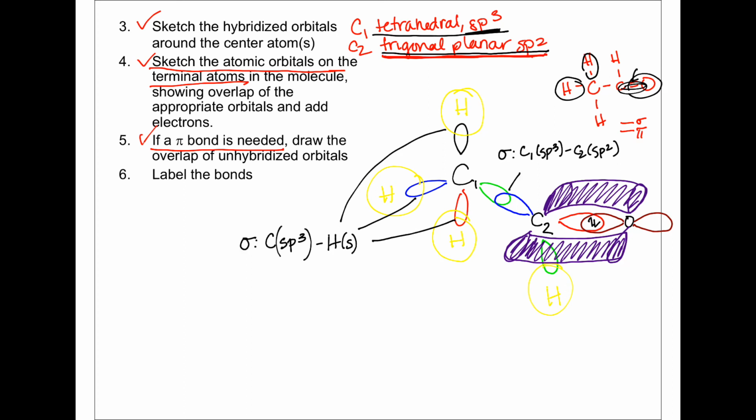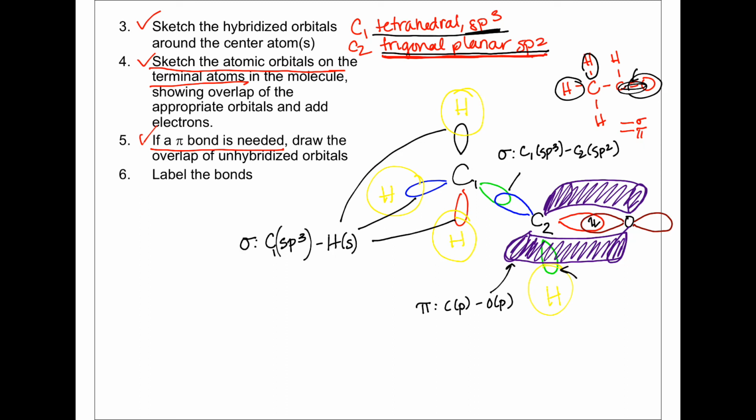I'm kind of going back to how I labeled this one here. I should have probably put carbon 1, so carbon 1's sp3. I should have fixed that up a little bit. Okay, so I'm just going to put that there. All right, so I have most of my bonds done. This purple one here is a pi bond made from carbon's unhybridized p and oxygen's p.